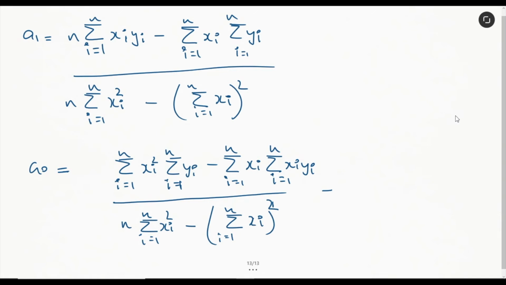These are the values for a naught and a1.